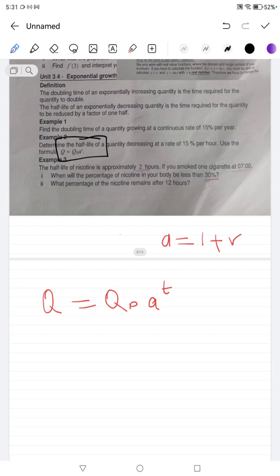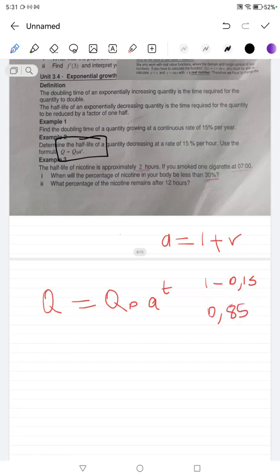Okay, you're going to have your 1 minus your 0.15. This is going to be 0.85, you get left with your 0.85.